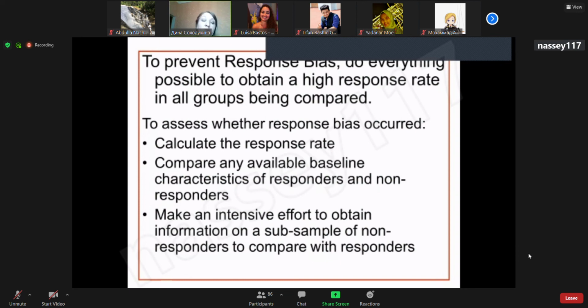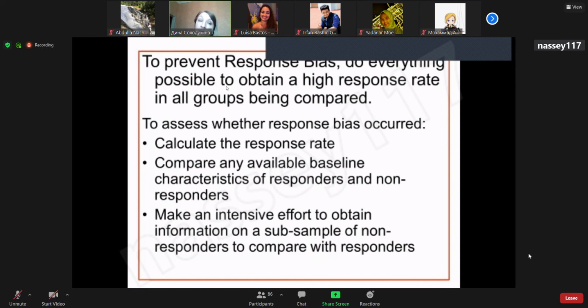So usually we try to do everything to obtain information from people who are not responders. And if possible, we will compare the answers of respondents with answers of non-responders, though technically it's difficult.